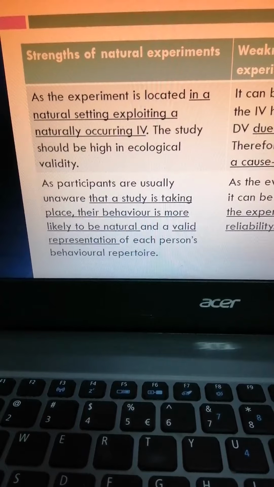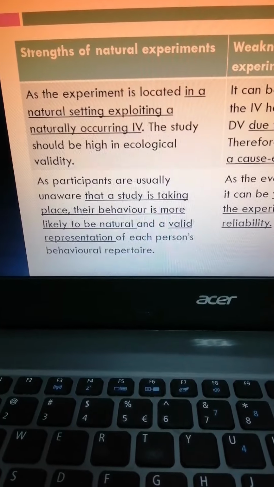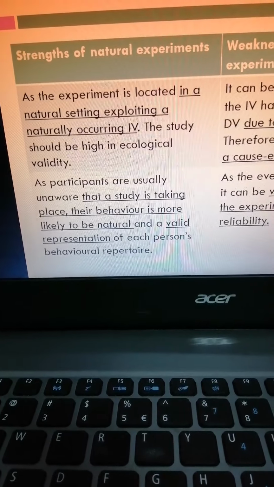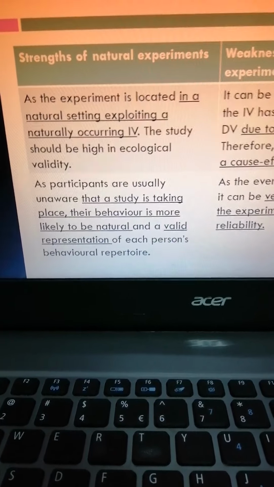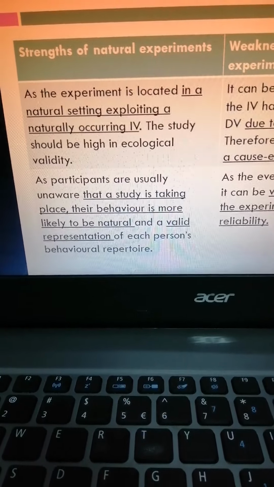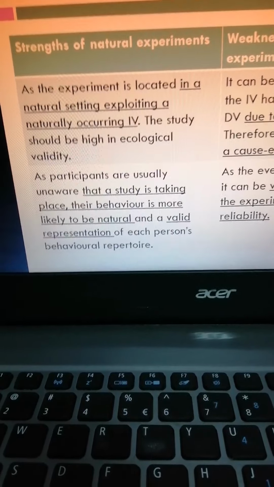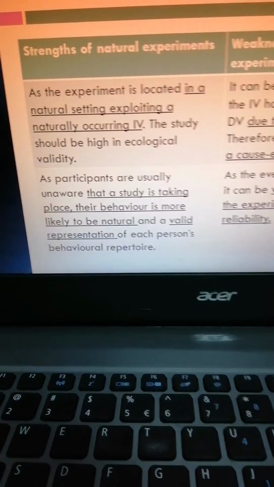For example, I want all the autistic students to become my participants. So they cannot be other types of students. It should be the actual autistic people. So this is what makes my study high in ecological validity.